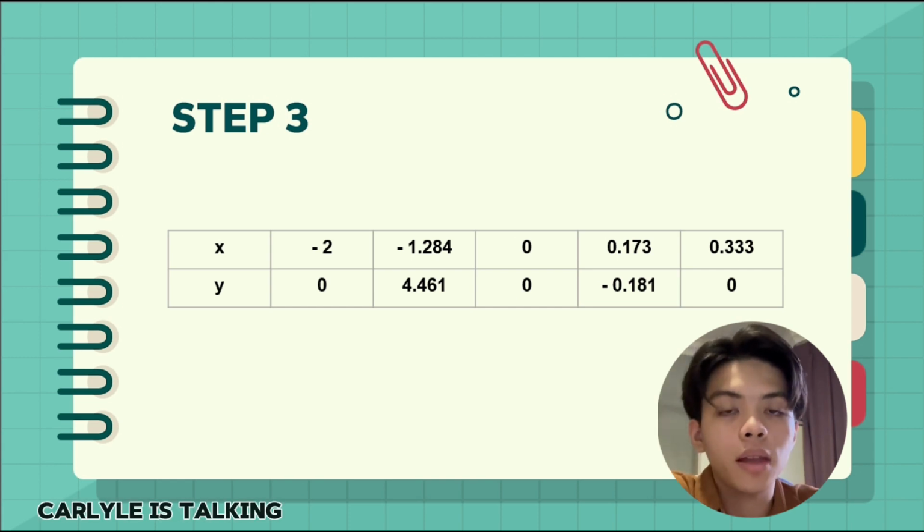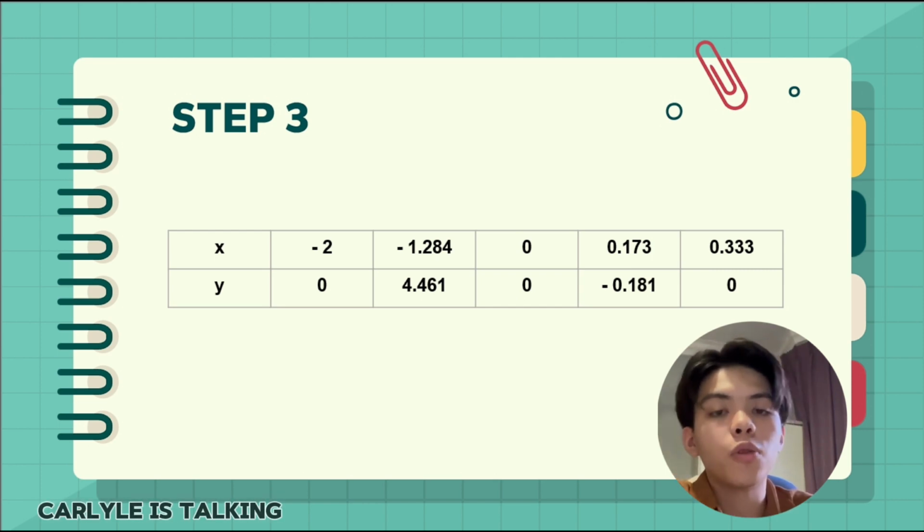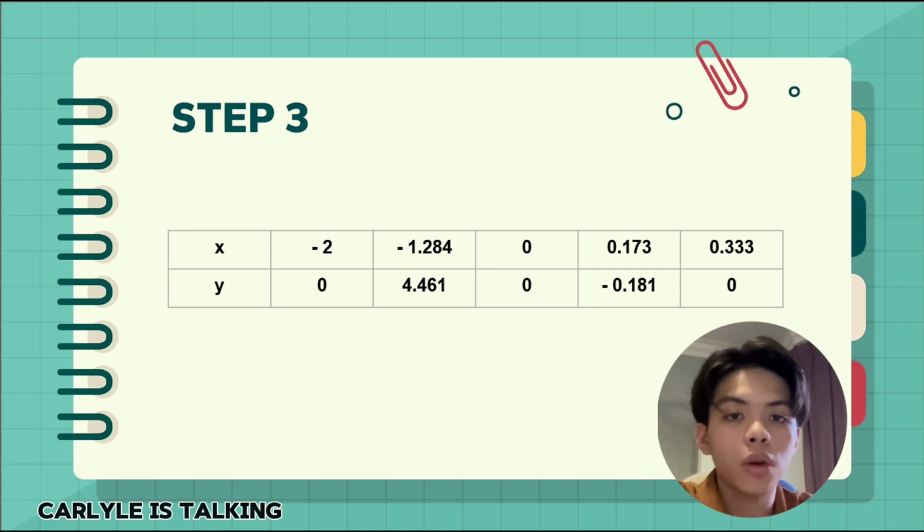And now we will calculate the value of y by using the value of x that we got earlier from our calculations. And how to do this? So we will do it by substituting our x value into the y equation, the y equation that we were given earlier.